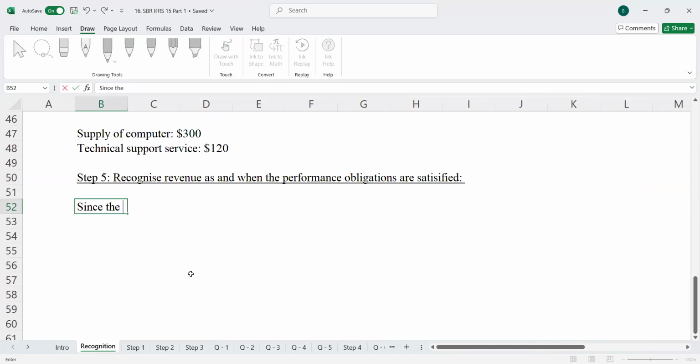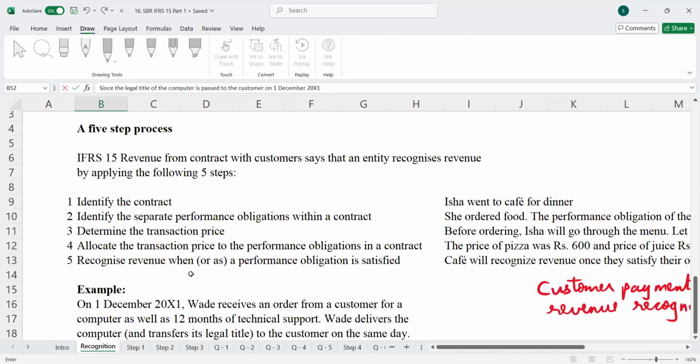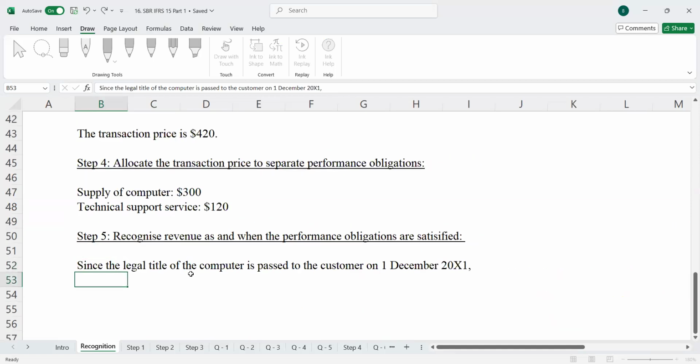Since the legal title of the computer is passed to the customer on 1st of December 2011, Wade can recognize revenue of dollar 300 toward supply of computer.